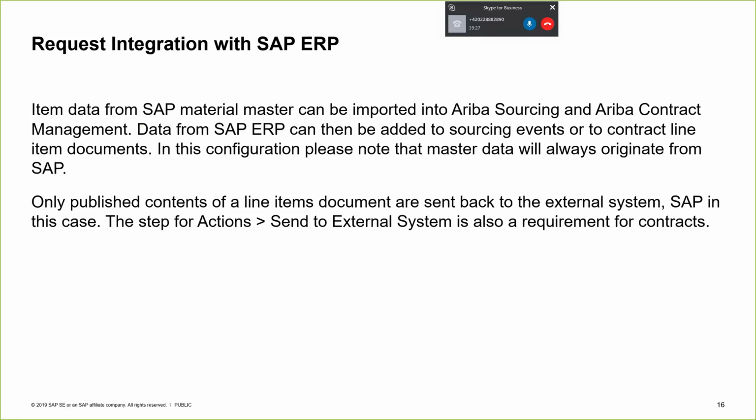In this configuration, please note that master data will always originate from SAP, so it will not be created in Ariba events or lines in the contract. Only the published contents of a line item document are sent back to the external system.